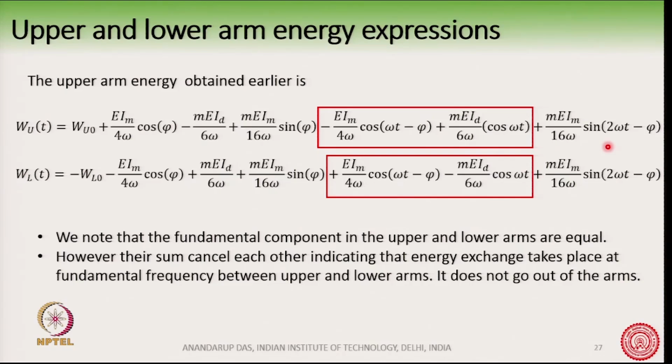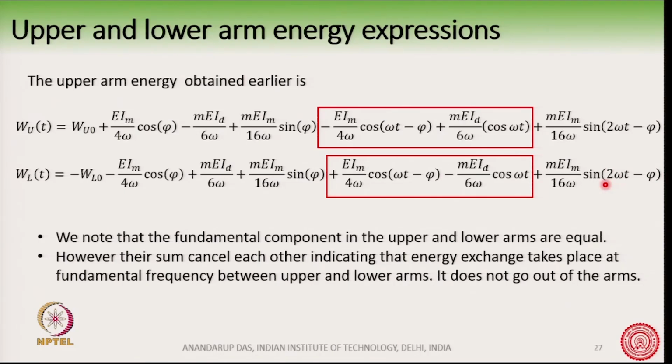Now, if we see this big expression, we see that there are some constant terms, some fundamental frequency components and some second harmonic component. In the lower arm also we have some constant term, some fundamental frequency component, and some second harmonic component.